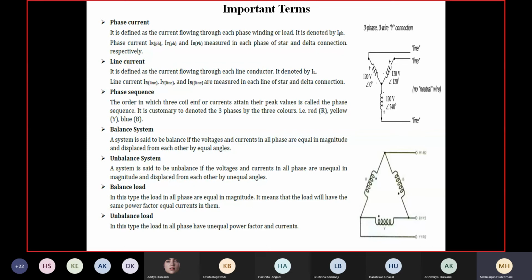The system has equal dimensions, Vm sin omega t, Vm sin omega t minus 120, Vm sin omega t minus 240. What does it say? Peak must be Vm, Vm, Vm, the same, and omega t progressing also the same. The only difference is the phase angle, 120, 120. If it is perfectly viewed in a balanced way, we call it a balanced system.